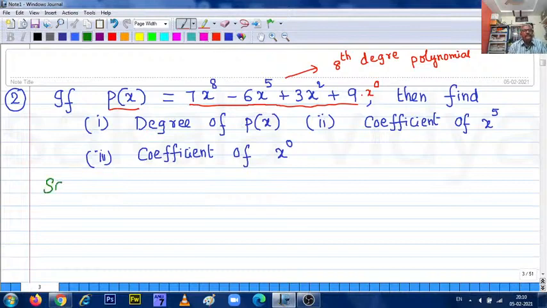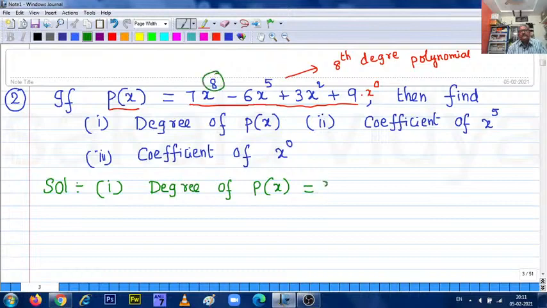Solution. First question, degree of p of x equals the highest power, 8. Next, second question, coefficient of x to the power of 5. Coefficient of x to the power of 5 means the constant term before x to the power of 5.